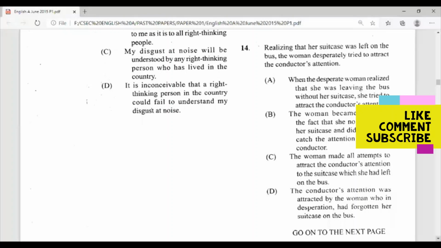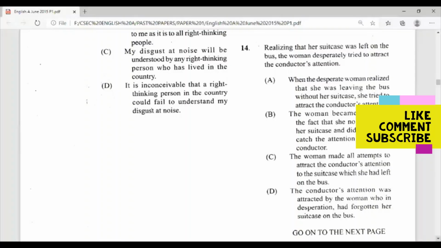So it's good to try to picture what's happening in these sentences so that when you see the options, you can say yep or no. So A, when the woman realized that she was leaving the bus without her suitcase, she tried to attract the conductor's attention.